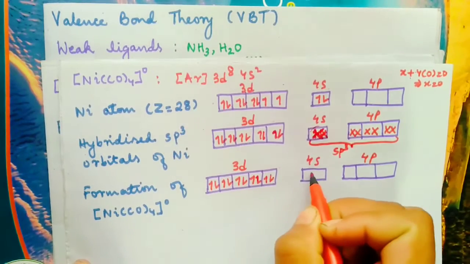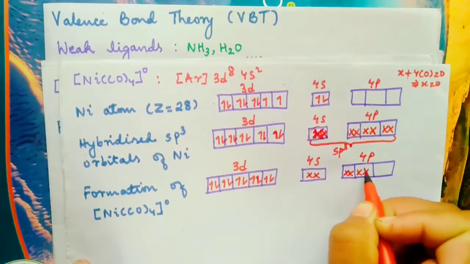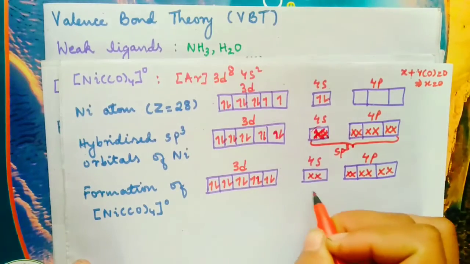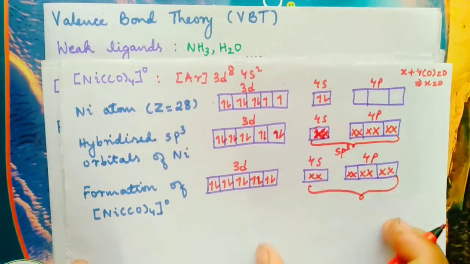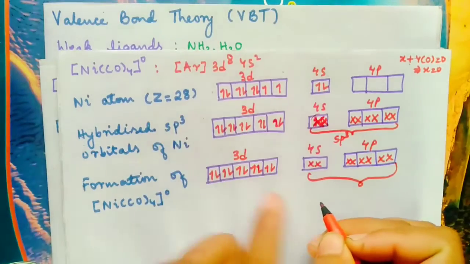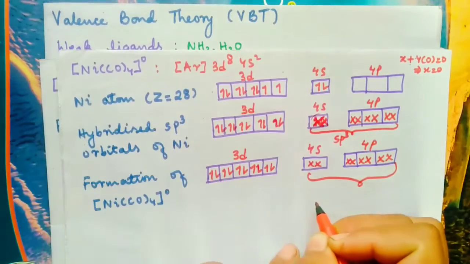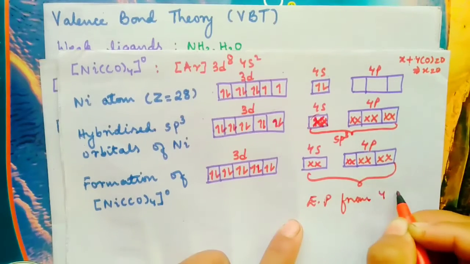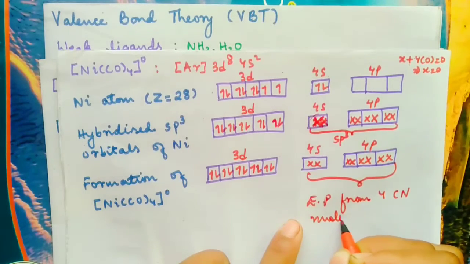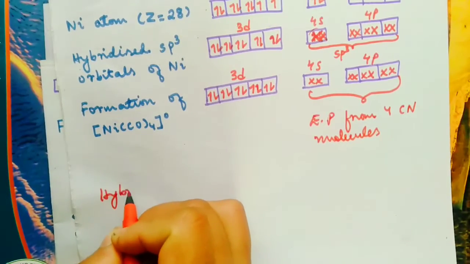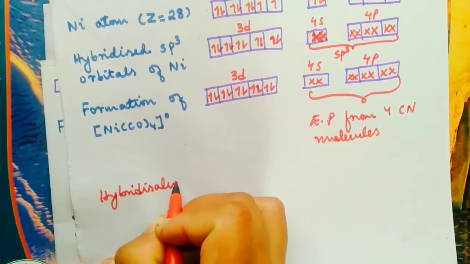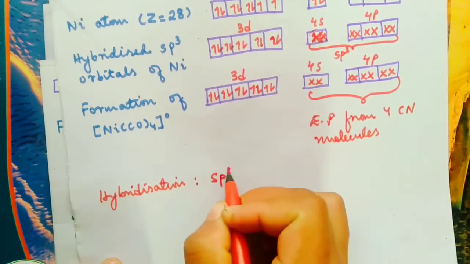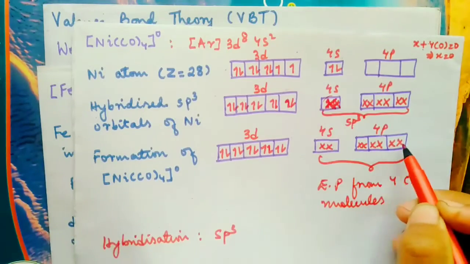That's why we have here the 4 empty sp3 hybrid orbitals, and these empty spaces will be occupied by the electron pairs from 4 CN molecules. So the hybridization is sp3, 3 p orbitals and 1 s.